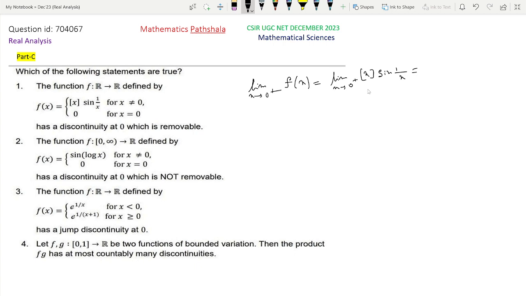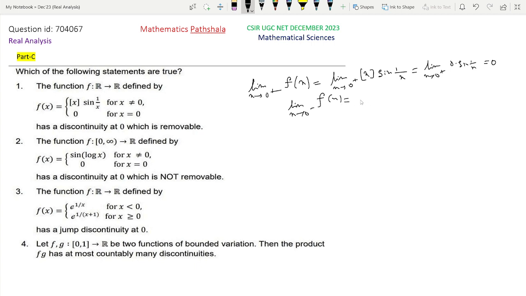When x tends to 0 plus, |x| equals x, so this is the limit as x tends to 0 plus of x sin(1/x), which is equal to 0.